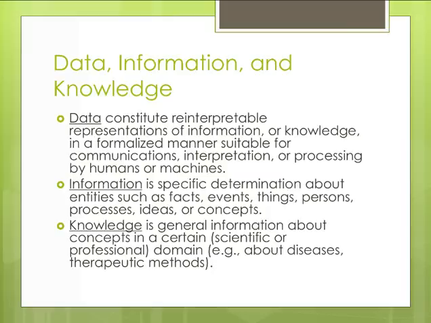The reason why the book gets into these three definitions is because when you get into defining what an information system is, or the basics of how an information system is made up, you really have to define these three terms. I mean, you need to know what is data.